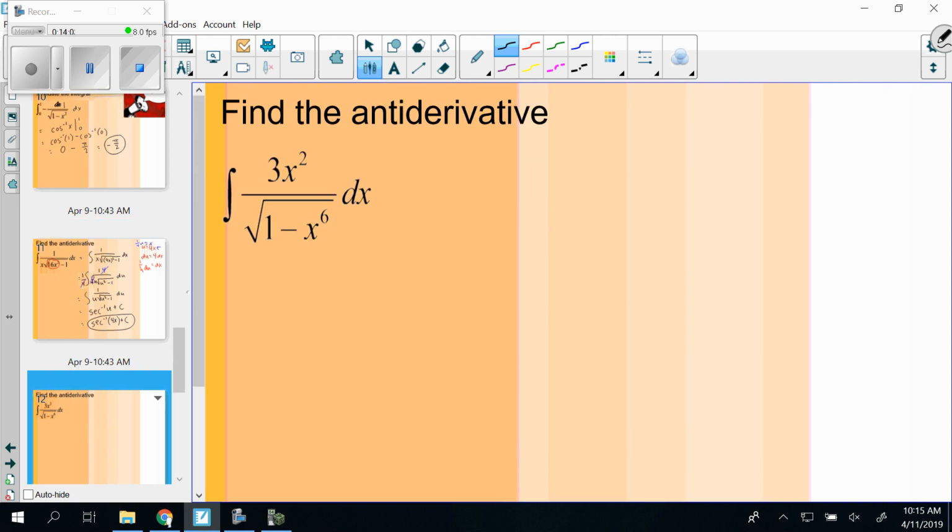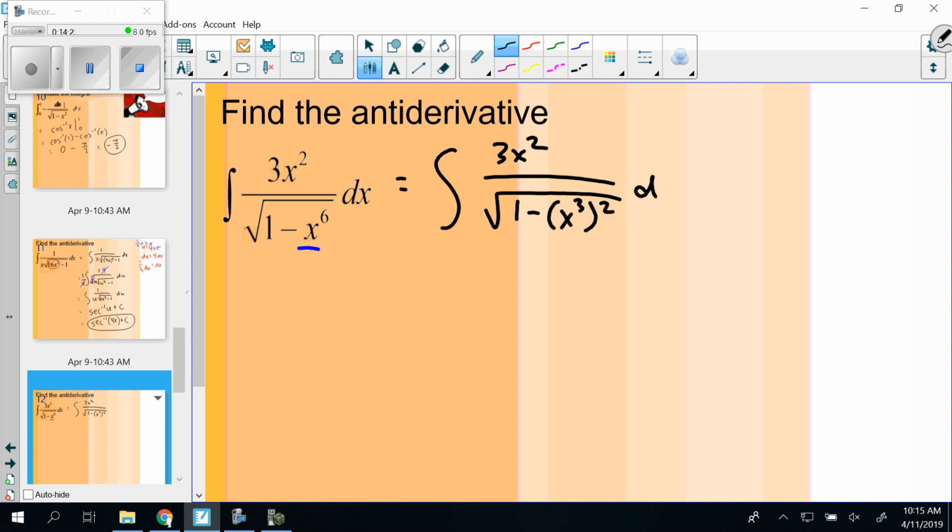Let's try another one. This one, again, we got to figure out what is being squared here. So first thing we want to do is rewrite this as 1 minus, that would be x cubed being squared. So that's going to be what we want to substitute for.